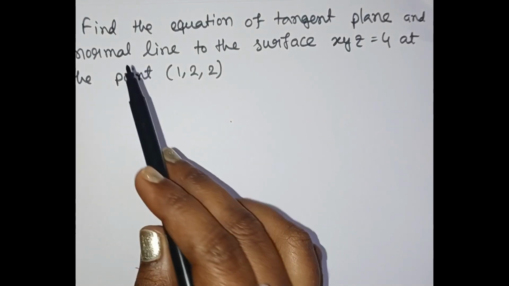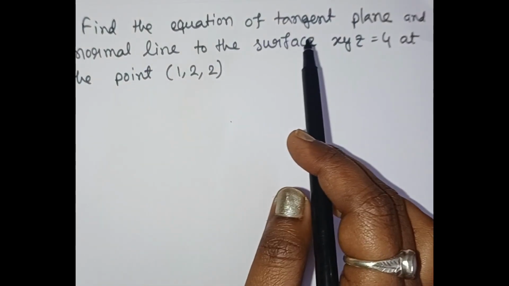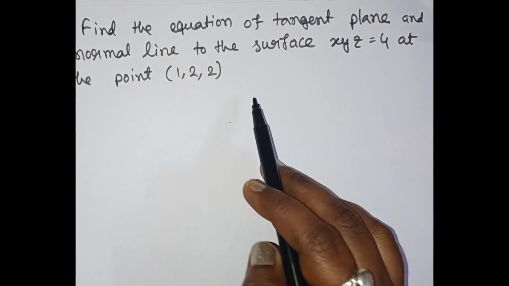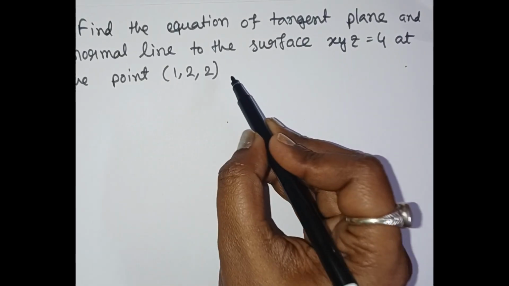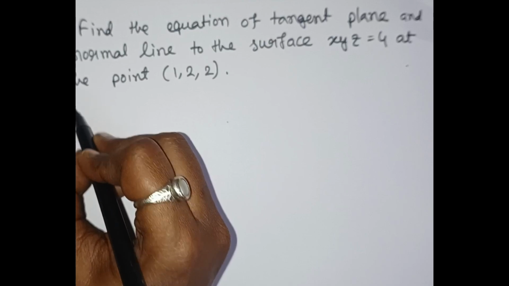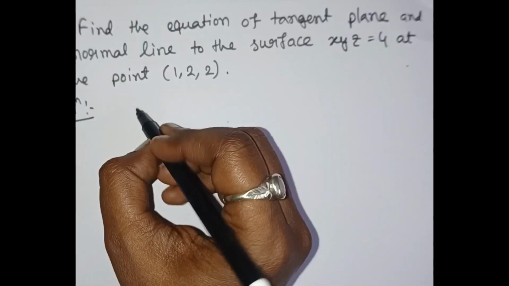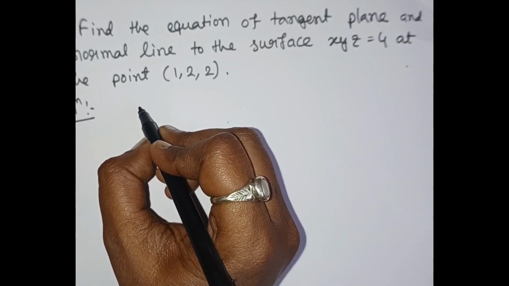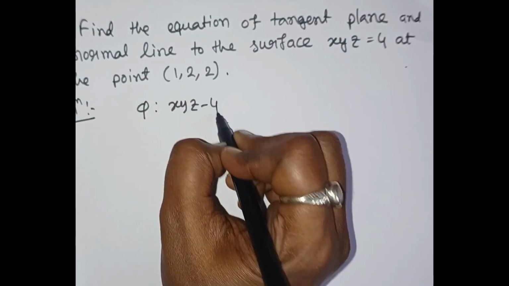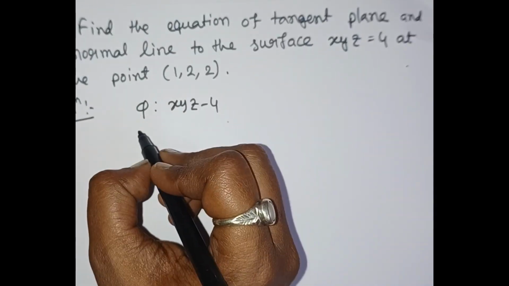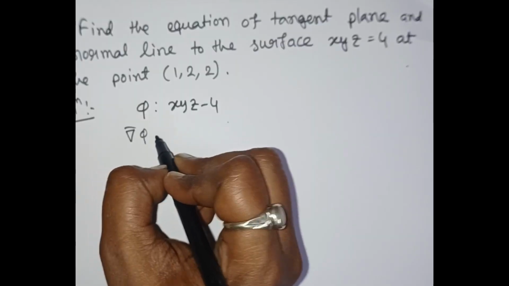Now let's solve this question. Find the equation of tangent plane and normal line to the surface xyz equal to 4 at the point (1, 2, 2). So the solution: let us take the surface phi as xyz minus 4. Then first grad phi.